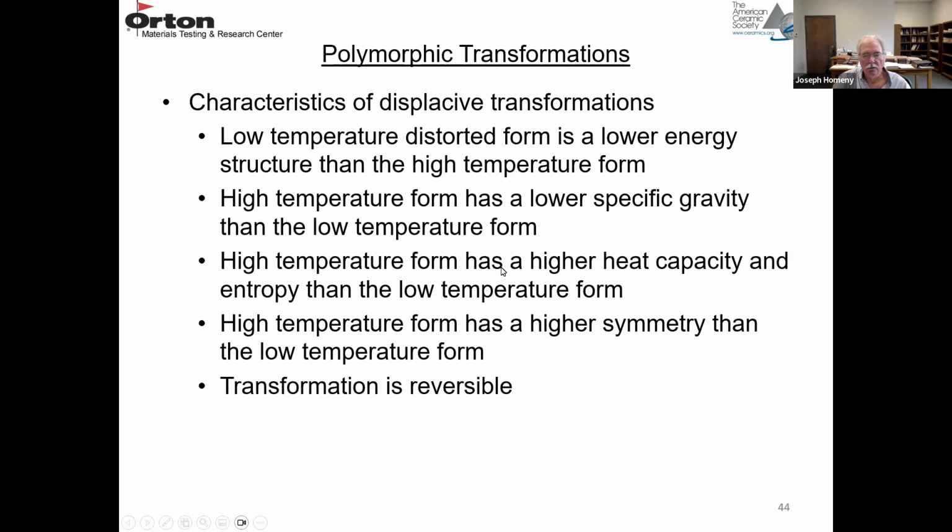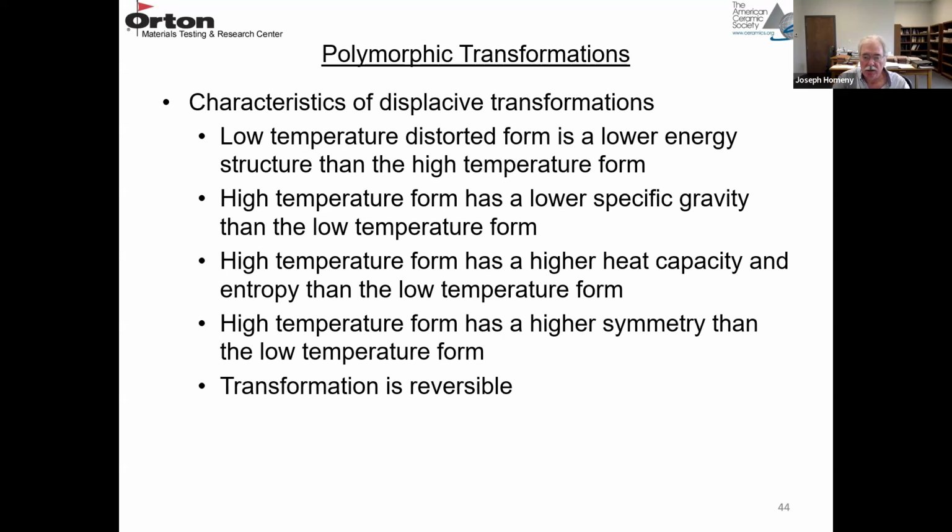The high temperature form has a higher heat capacity and entropy than the low temperature form. The high temperature form has a higher symmetry than the low temperature distorted form. And the important thing about this transformation is it's reversible. So if you have, let's say, ZrO2 going from monoclinic to tetragonal zirconia, every time you go through the transformation temperature, which is about 1100 degrees C, it's going to change crystal structures.